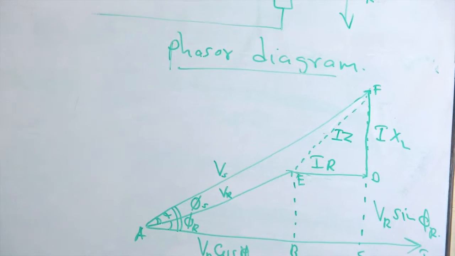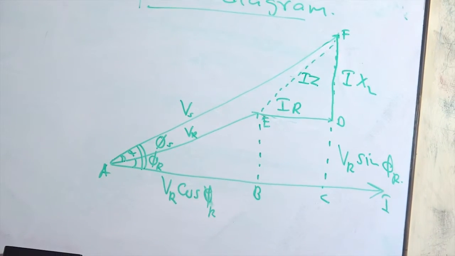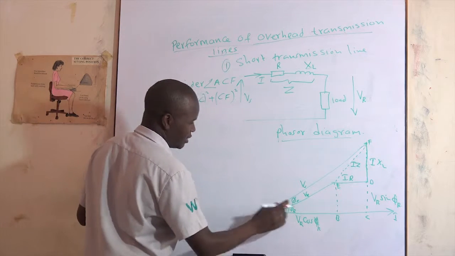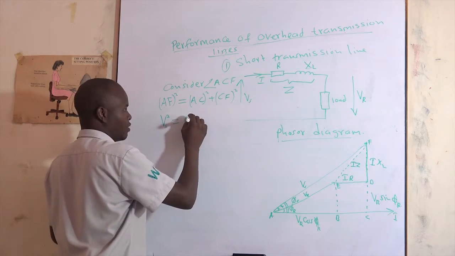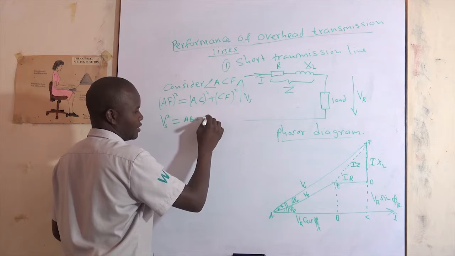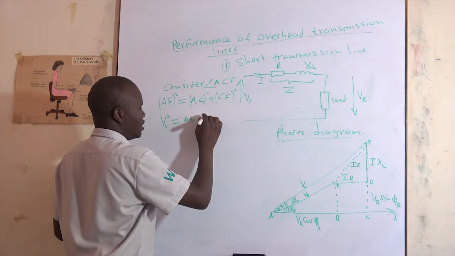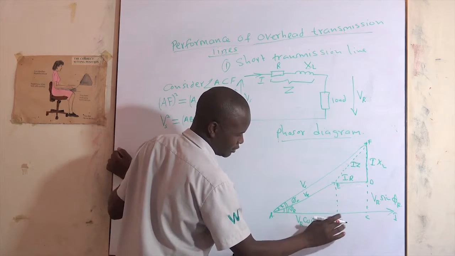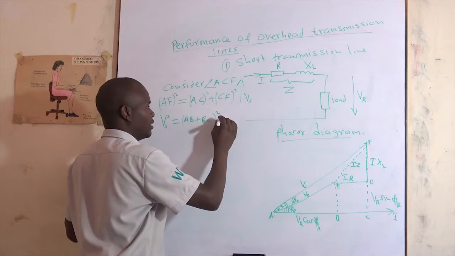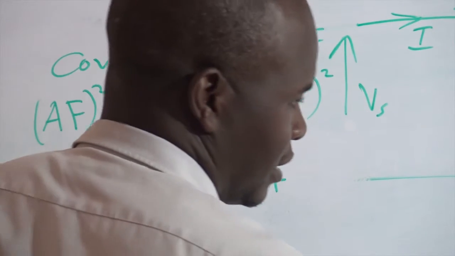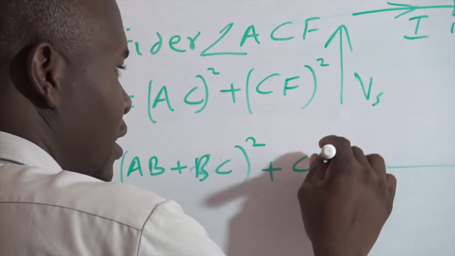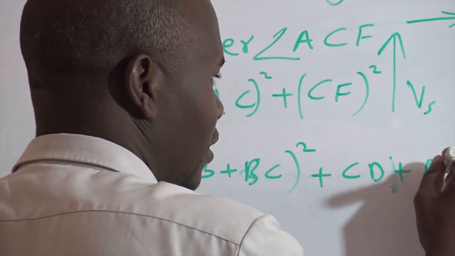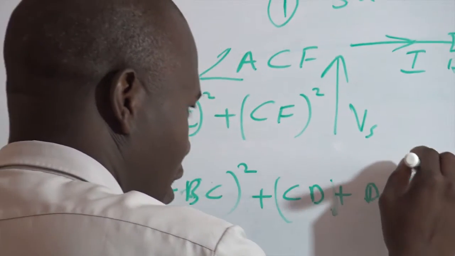Therefore, VS squared should be equal to AC, which is AB plus BC, squared, plus CF, which is CD plus DF, squared.